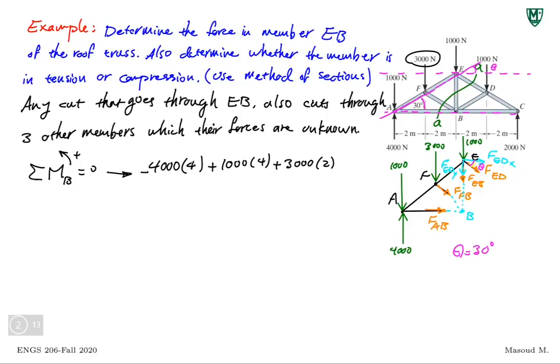I'm going to get FEDX would be FED cosine, I believe, cosine 30 degrees. Did I put the wrong angle there? This angle is equal to this one, so this one is 30 degrees. This is 60 degrees.